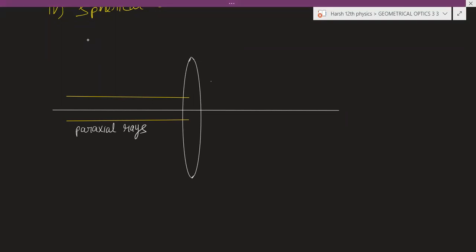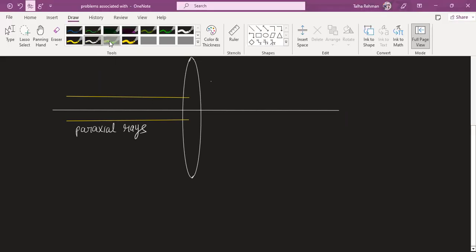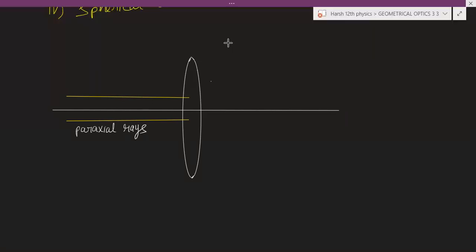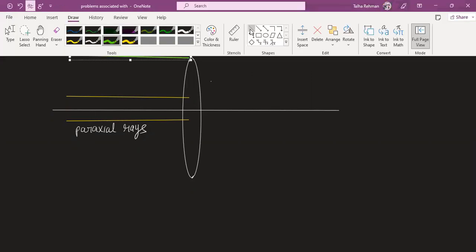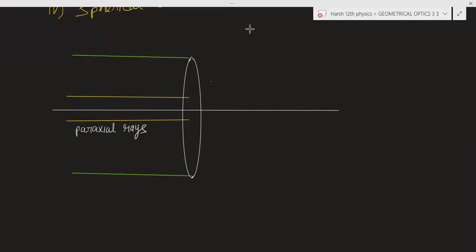Now there are other rays, marginal rays, which are far from the principal axis. This lens has a large aperture, so these green color rays will be very, very far from the principal axis.